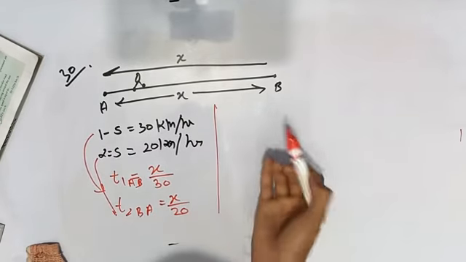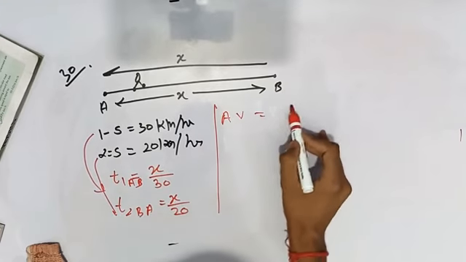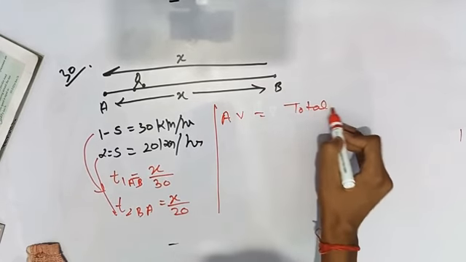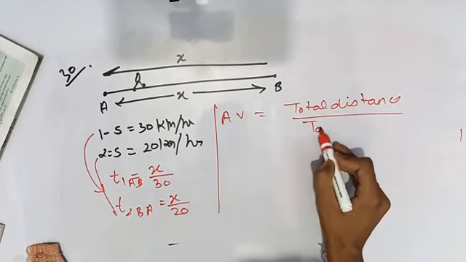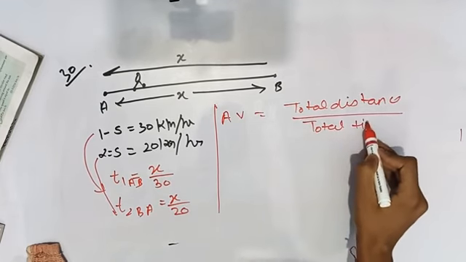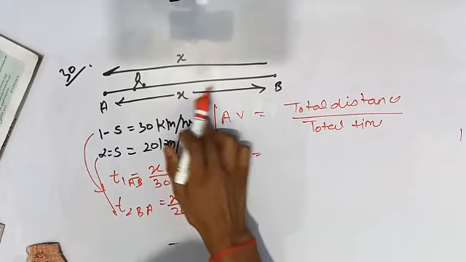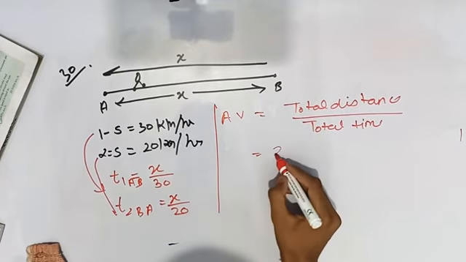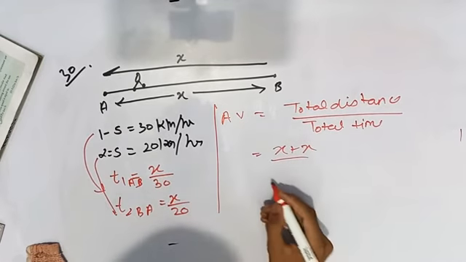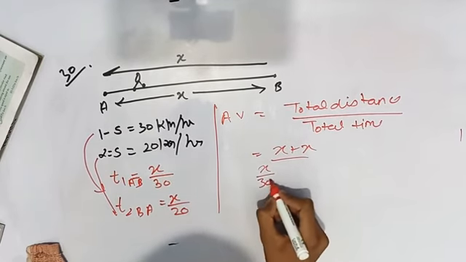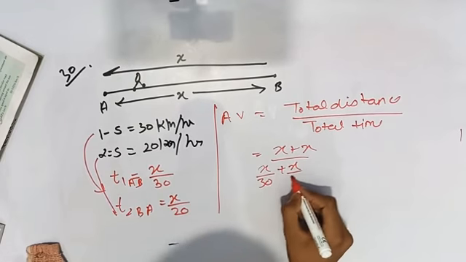Now we place it into the average speed formula: total distance is x plus x, and total time is x upon 30 plus x upon 20.